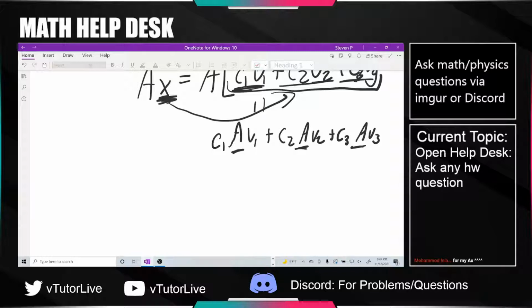Oh, for your AX. Gotcha. Well, I don't know, I haven't done the work myself. I think you got to go double check your calculations then. Are you sure that your coefficients for your V's are correct?